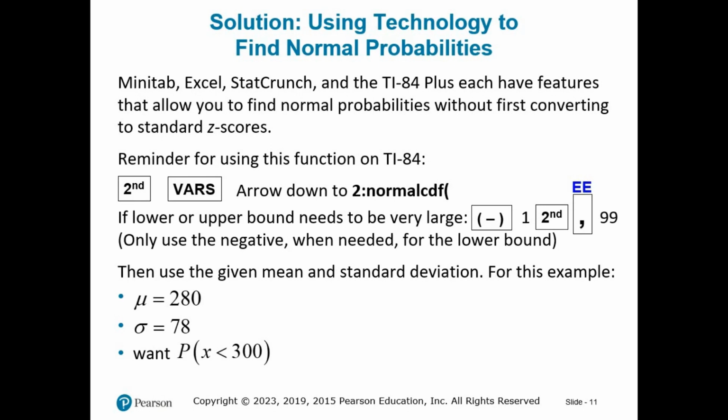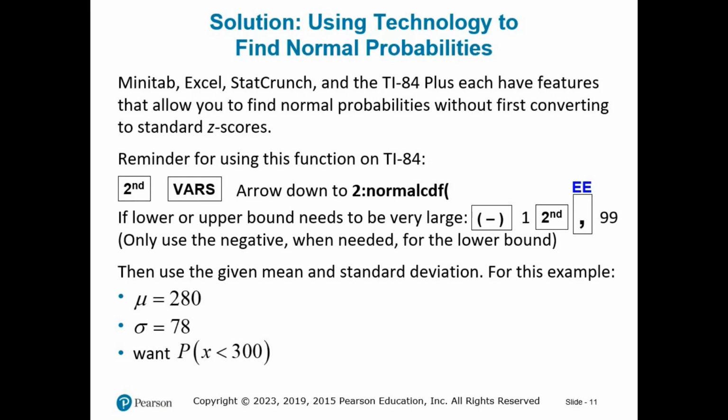then enter. Now we're doing our upper bound, and you may have a calculator where you have to do commas instead of enter in between these. So if you do that, just know that you need to do commas instead of enter, and when you're finished, you'll need to close your parentheses.